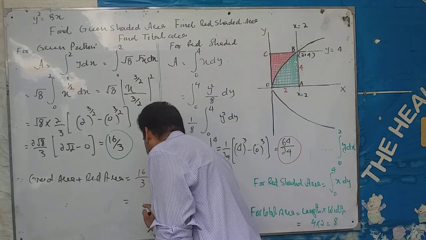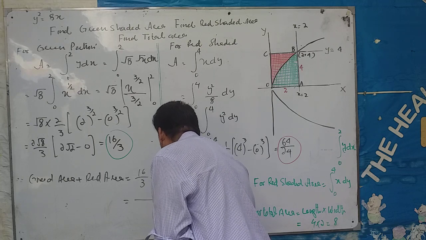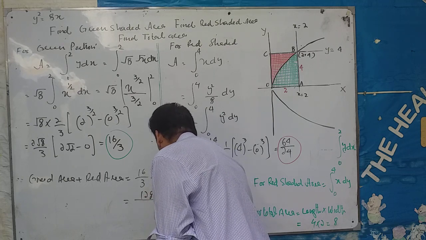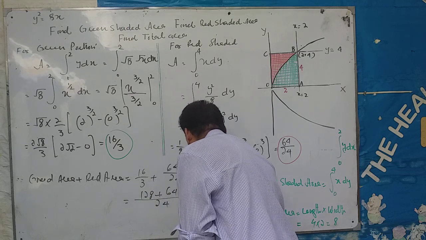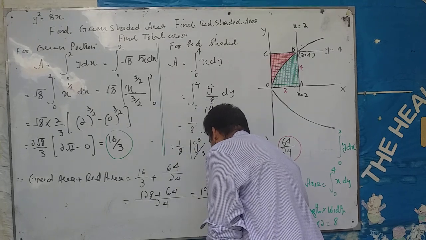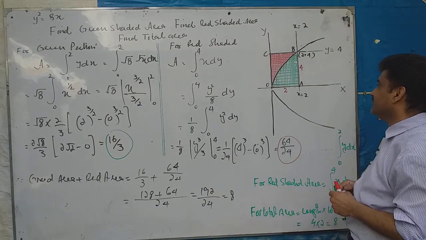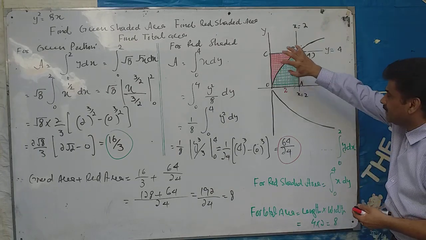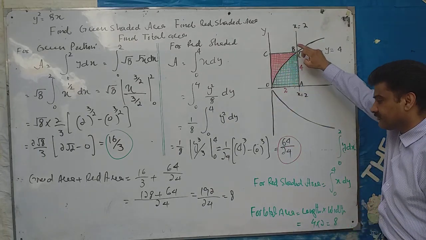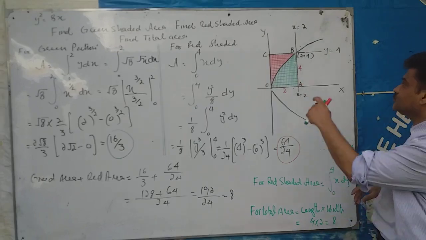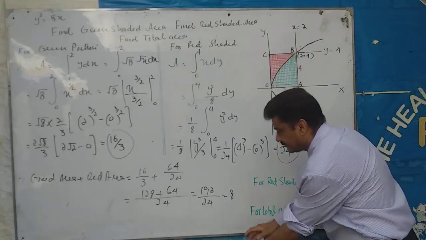When we add these two areas, we get 8, and we can see that the area of the rectangle is also equal to 8 square centimeter, and the sum of these two areas is also equal to 8 square centimeter.